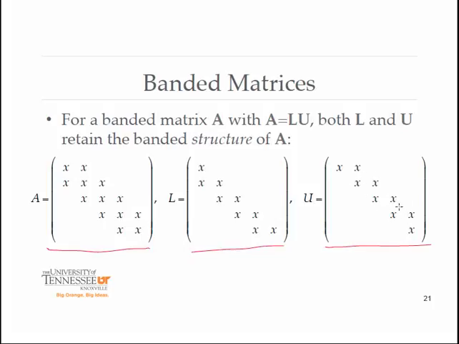So this is a very nice structure, because most of the zeros that you had in A are occurring in the same positions in L and U. This is a particular case where it's very, very nice.